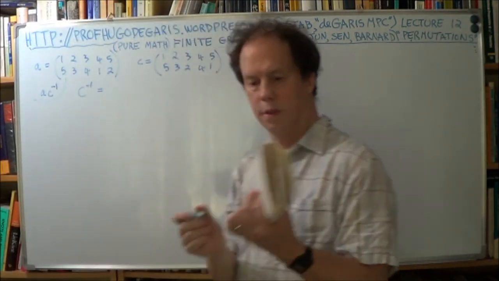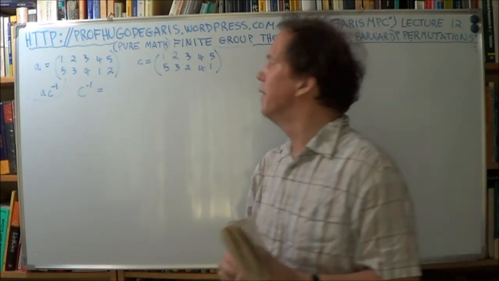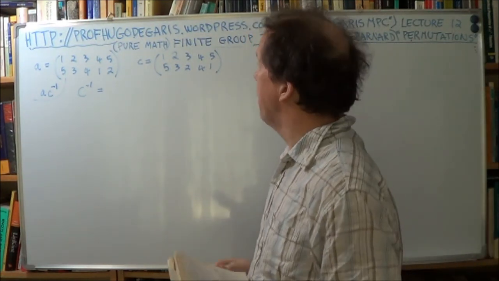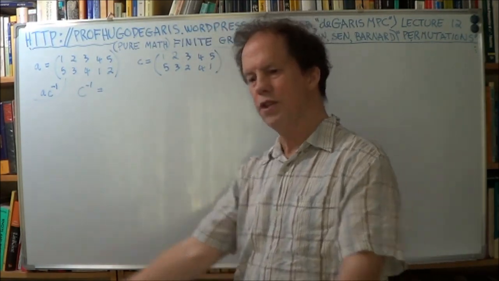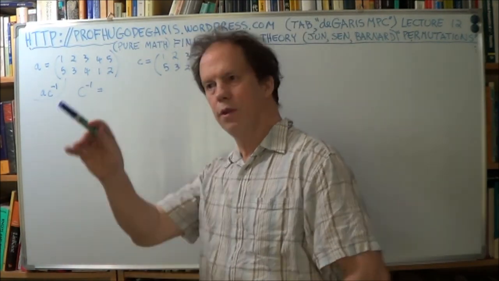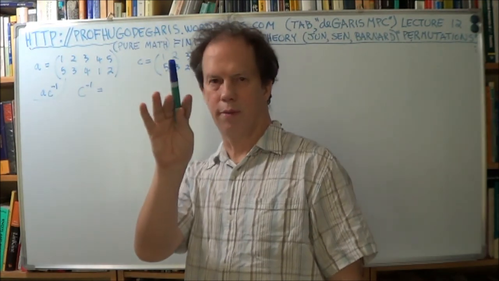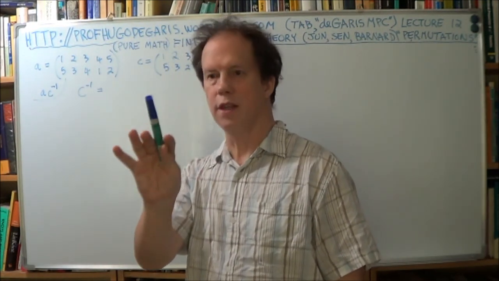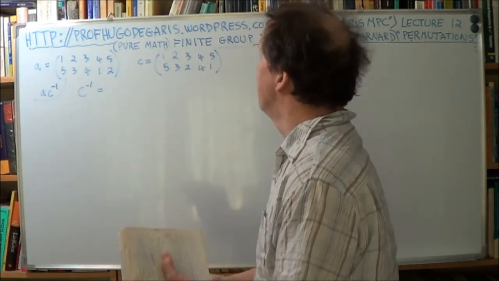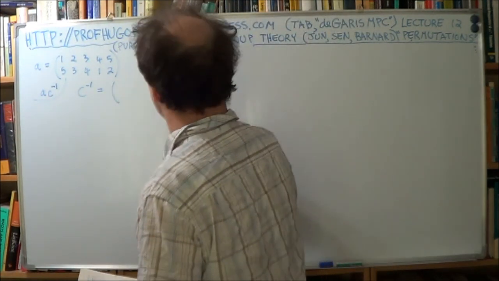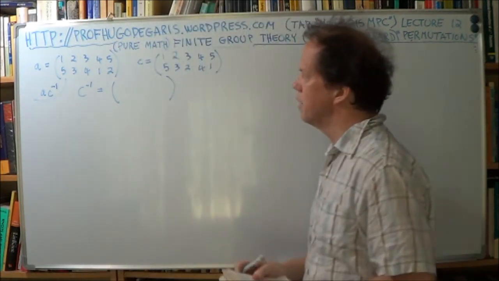Now, we did this once or twice in the theory part. Remember, what does the inverse do? It takes you back. So if you do C, followed by the permutation C inverse, that will take you back to the unit permutation. So you can almost do this from inspection.